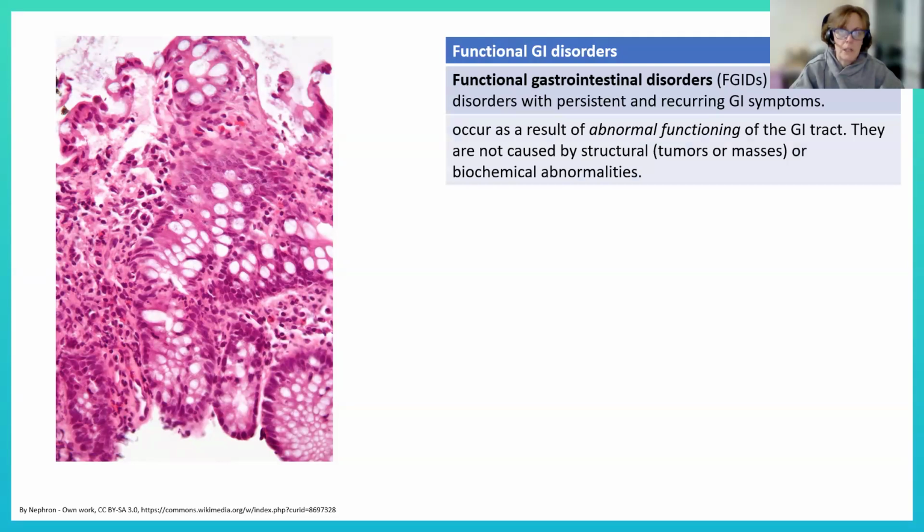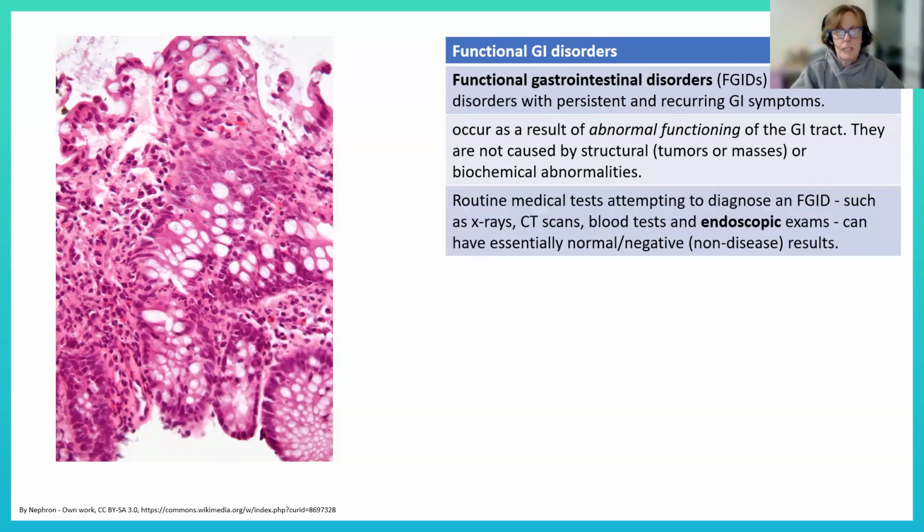They occur as a result of abnormal functioning of the tract. So that's, from what the medics say, from gum to bum. So it's from your mouth to the anus. That's the whole tract. You can get symptoms. So these occur as a result of abnormal functioning of the tract. They're not caused by any structural problems. So there's no tumors or masses or any biochemical abnormalities.